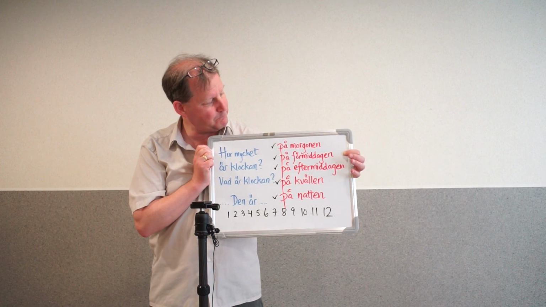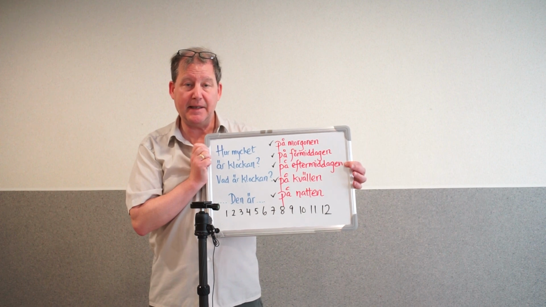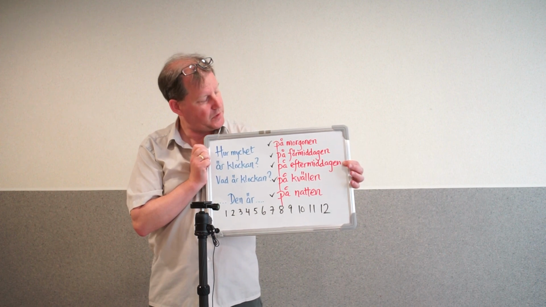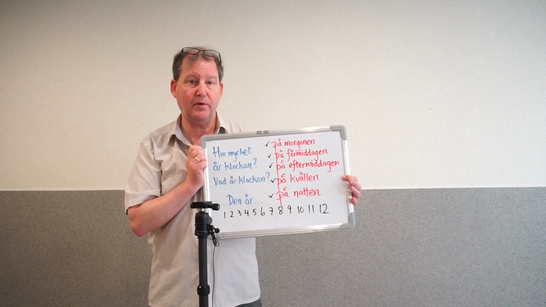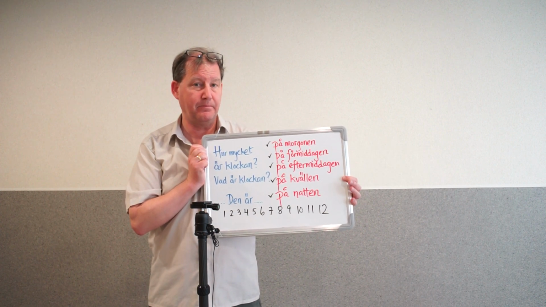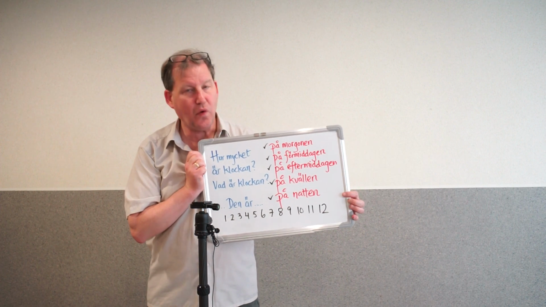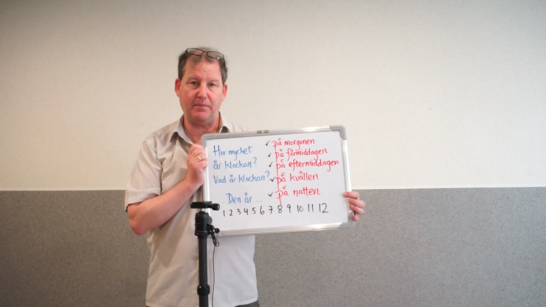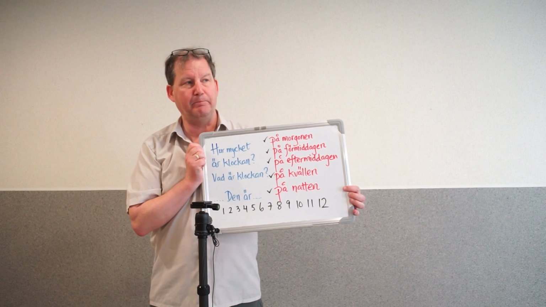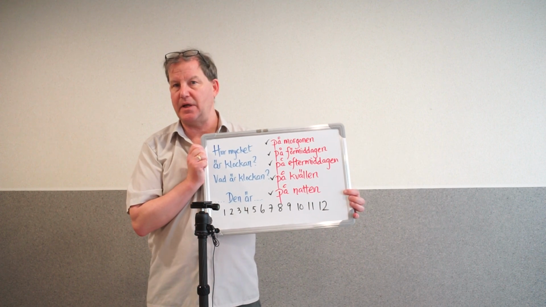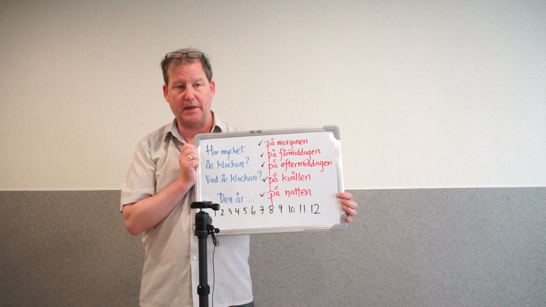På eftermiddagen, meaning in the afternoon, after lunch. På kvällen, meaning in the evening, early evening. På natten means in the middle of the night. And I would say from midnight and until maybe 3 o'clock in the middle of the night.